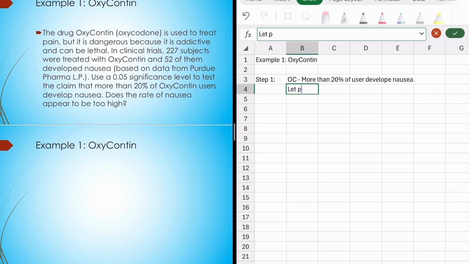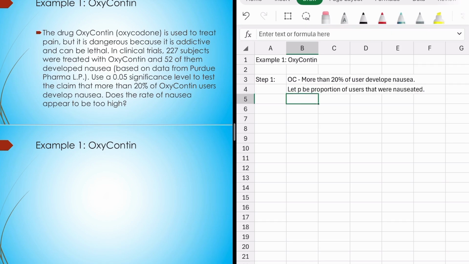Let P be the proportion of users that were nauseated. The claim is that more than 20% did that, so P is greater than 0.20.